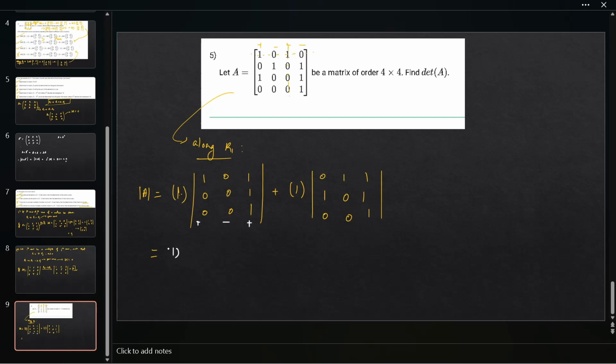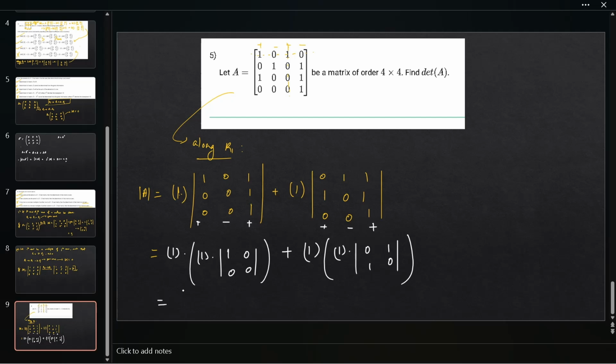It is 1 times this small determinant, which is 1, 0, 0, 0. And now it is plus 1 times of. Here also we will expand along row 3, plus, minus, plus. So it is 0, it is 0. Let's neglect these values and just focus on this one. So it is 1 times this determinant 0, 1, 1, 0.